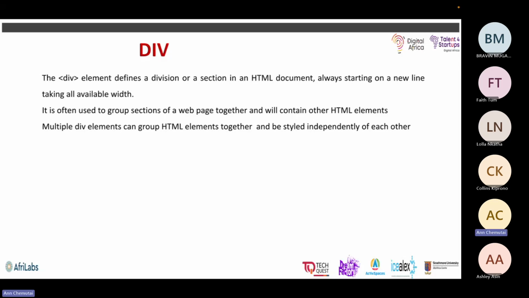So multiple div elements can group them together and be styled independently of each other. Of course that is using a class, right? Or you can use inline styling as well. You can use a class, you can use an ID, or you can use inline styling. So any of the three concepts we just learned a few minutes ago.